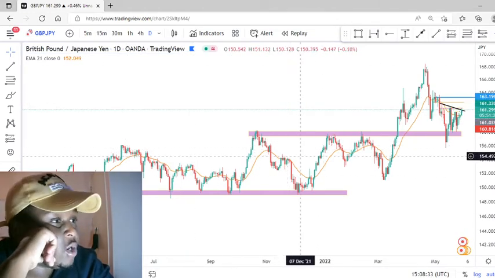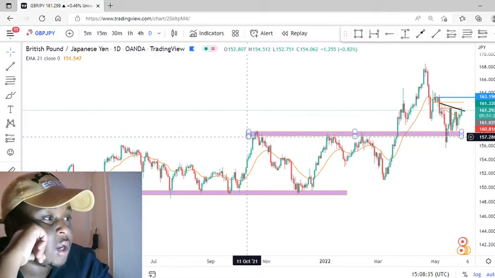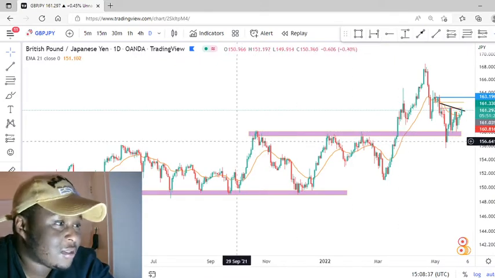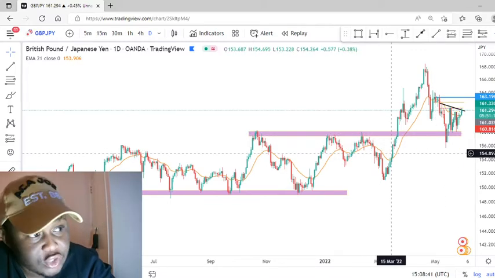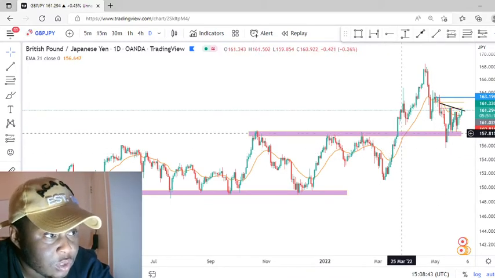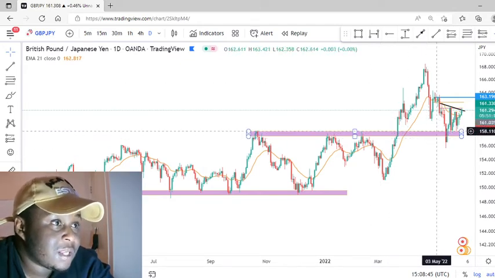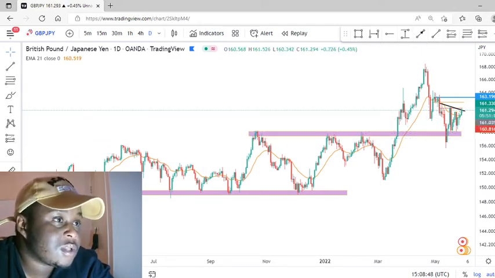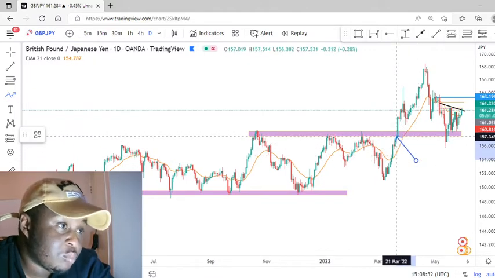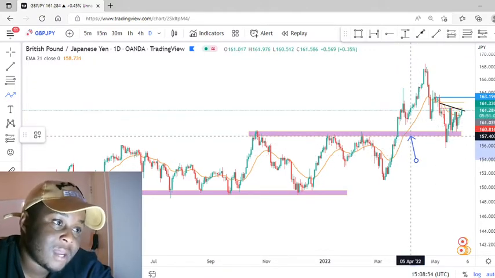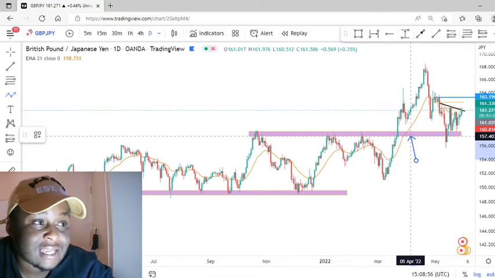On my daily chart, I saw that okay, this is a resistance turn support zone, right? So I saw it broke up out of this zone, but it didn't come back here to retest, right?